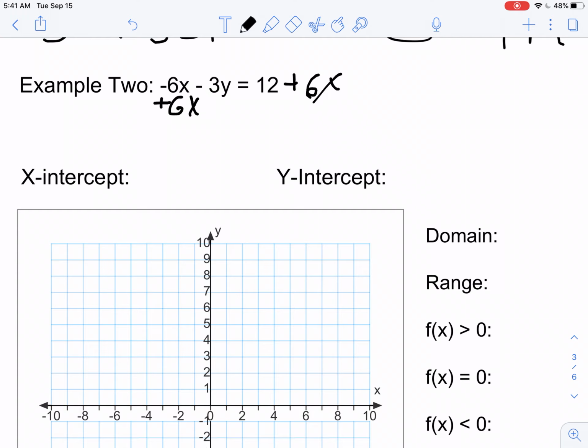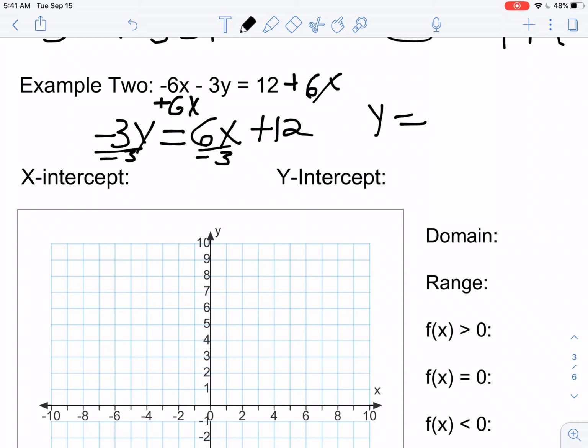And we're going to get negative 3y equals 6x plus 12. Then we're going to need to divide everything by negative 3. And we are going to get y equals negative 2x, let's divide by negative 3 as well, minus 4.